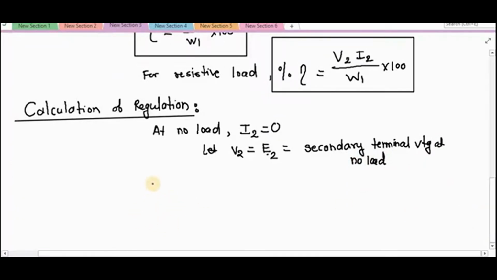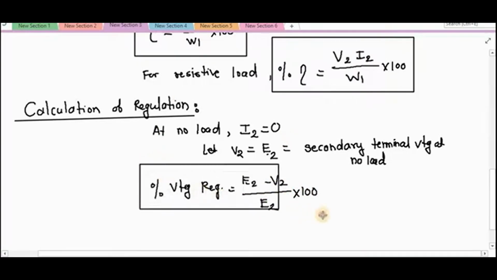Then easily we can find out the voltage regulation. My percentage voltage regulation will be E2 minus V2 upon E2 into 100. So for every reading you can find out the regulation by taking this.